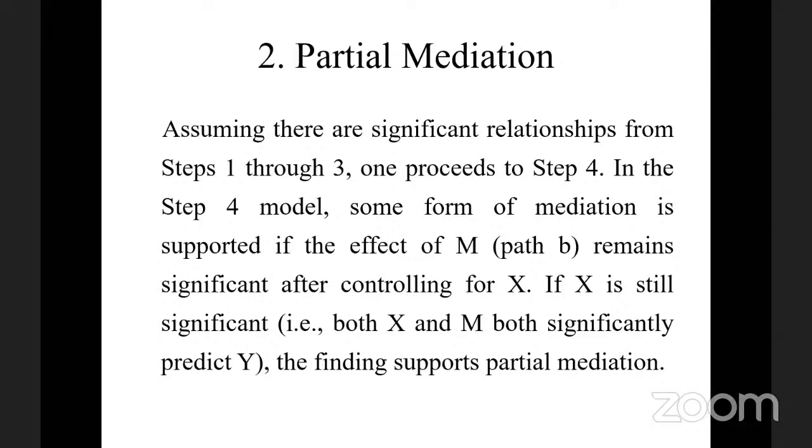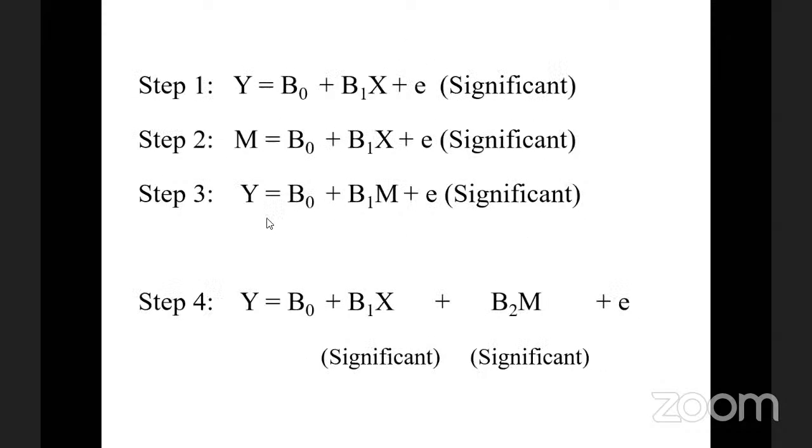So here, partial mediation means, now we use the four step process. In the first step, the relationship between X and Y should be significant.